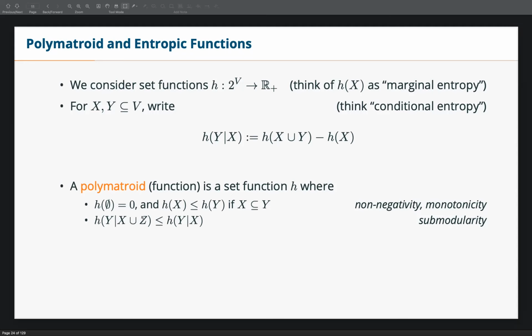There are such vectors that satisfy all the Shannon inequalities, and you only need 4 variables, which are not entropic vectors. So the vectors that satisfy the Shannon inequalities deserve a name, and that name is polymatroid. A polymatroid is a vector that satisfies all Shannon inequalities. An entropic vector is a polymatroid, but the converse is not always true.